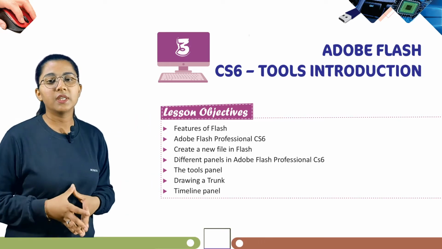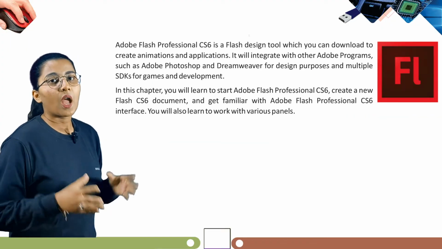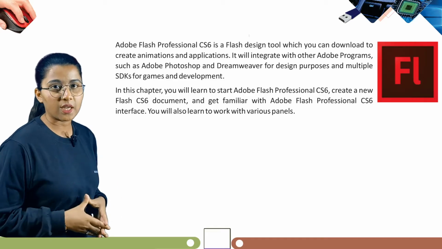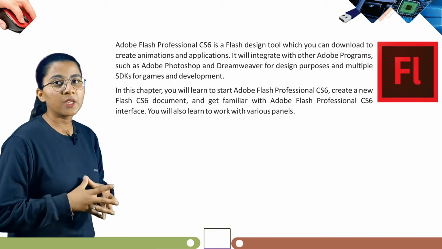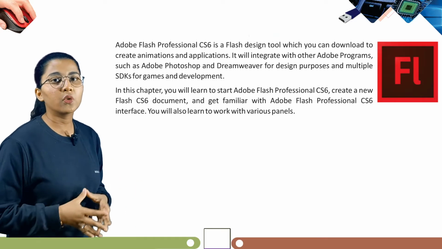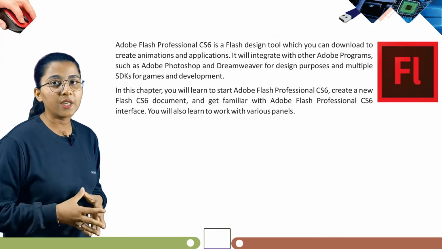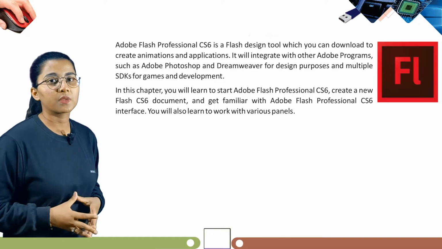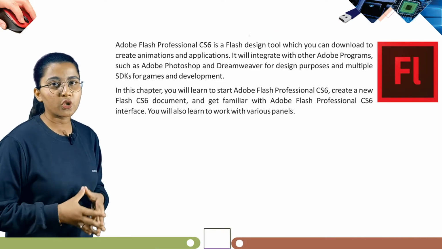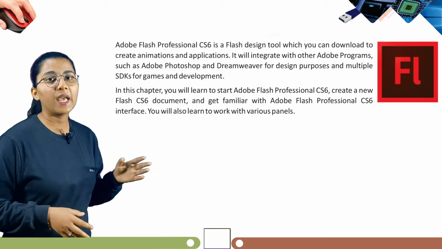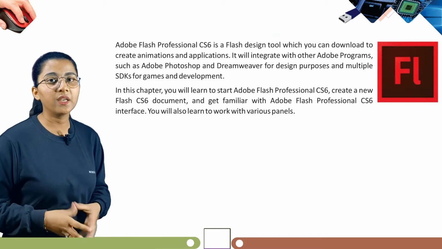So students, now let's start our topic. Adobe Flash Professional CS6 is a Flash design tool which you can download to create animations and applications. It will integrate with other Adobe programs such as Adobe Photoshop and Dreamweaver for design purposes, and multiple SDKs for games and development.